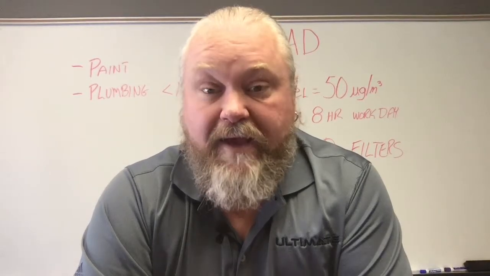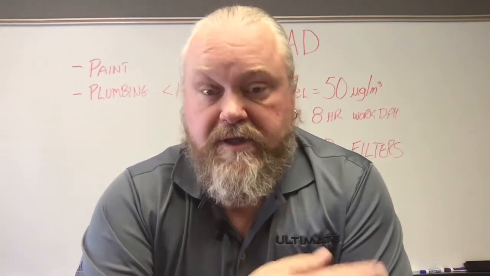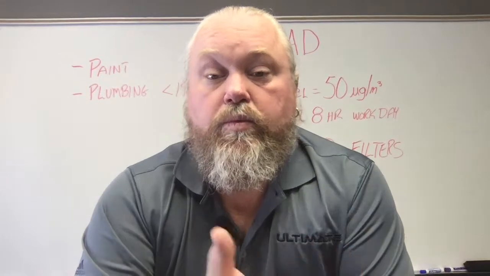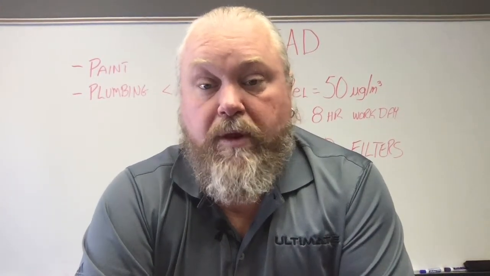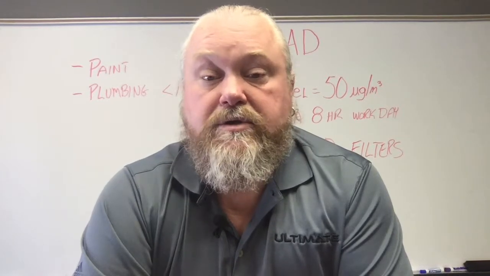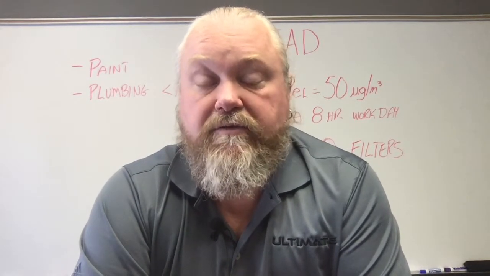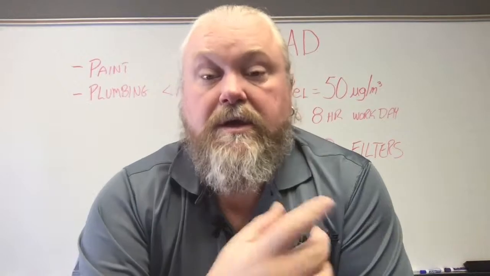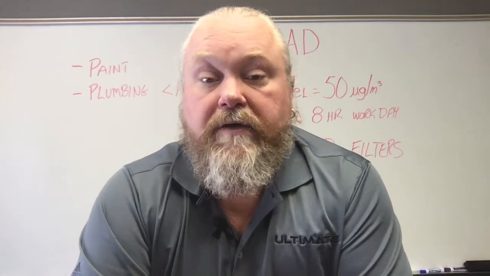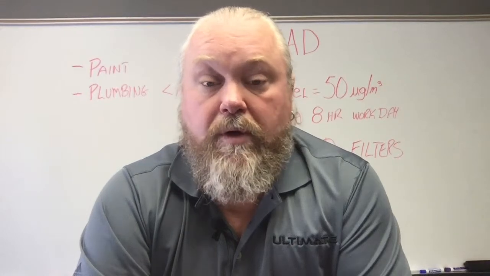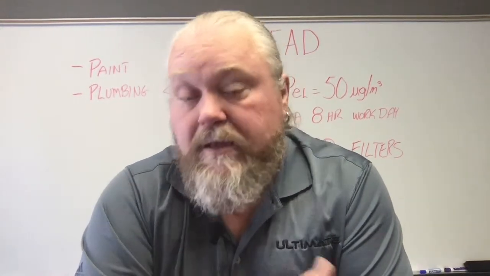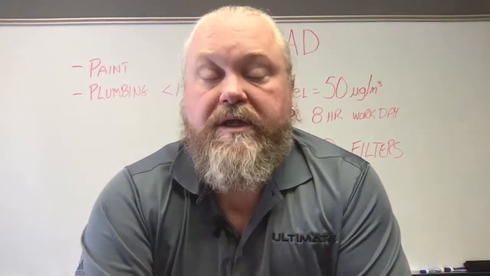Some of them still have some lead lining to them, especially at the connection points. So one of those things we want to look at if you're in a building and you're doing demo and you have to remove the plumbing systems, make sure that when you do that, that you avoid those connections in particular where the joints are. If you're going to remove that and not disturb that, you shouldn't have a problem. But once you start cutting, grinding, manipulating, heating those joints up, that lead will get into the air.